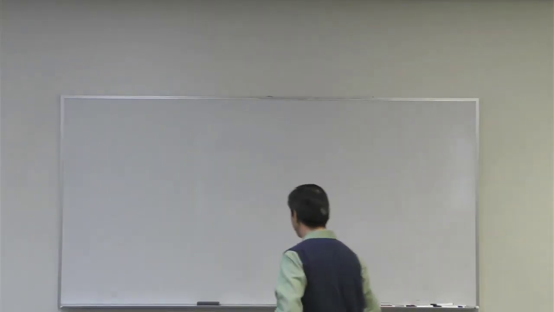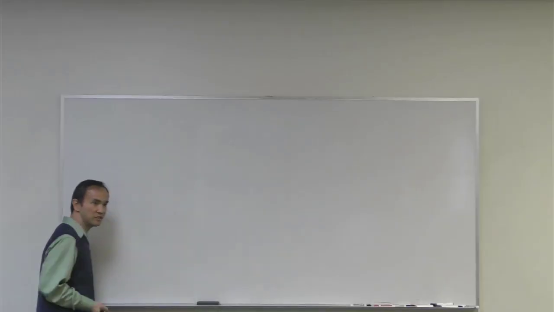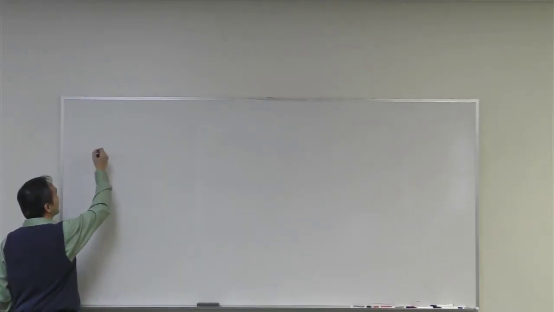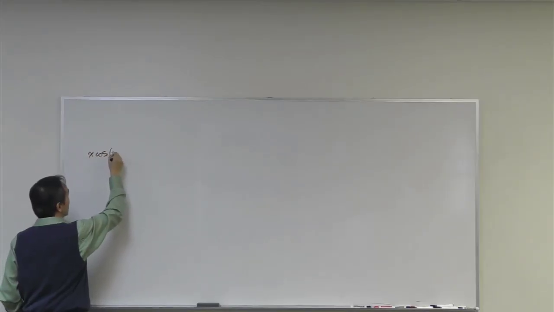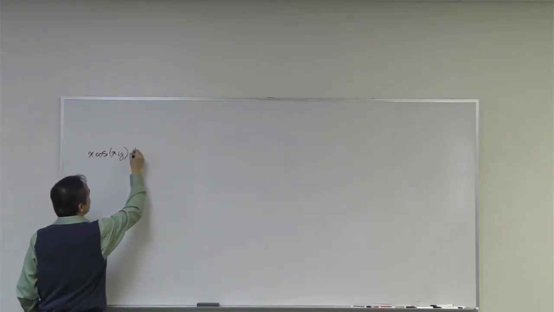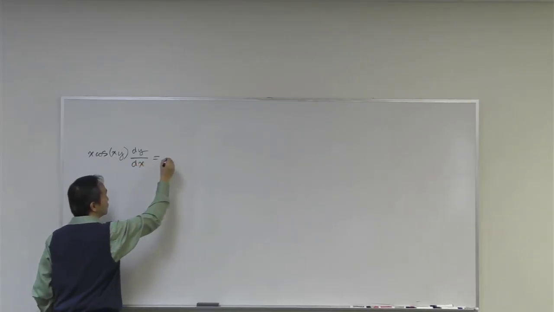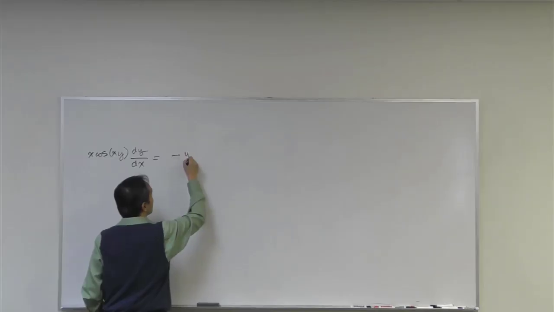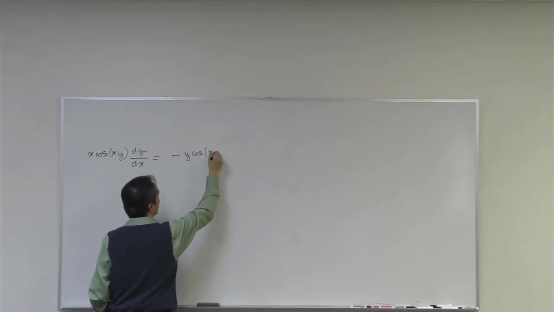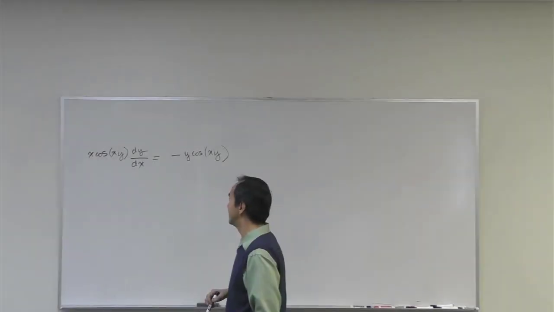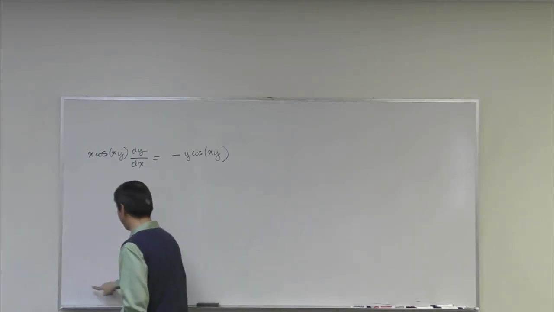So in my next step, we're just solving for dy/dx. I'm going to rewrite it as x times cosine of xy times dy/dx, making that equal to the negative y times the cosine of xy. I was not so smart with the algebra for this problem.